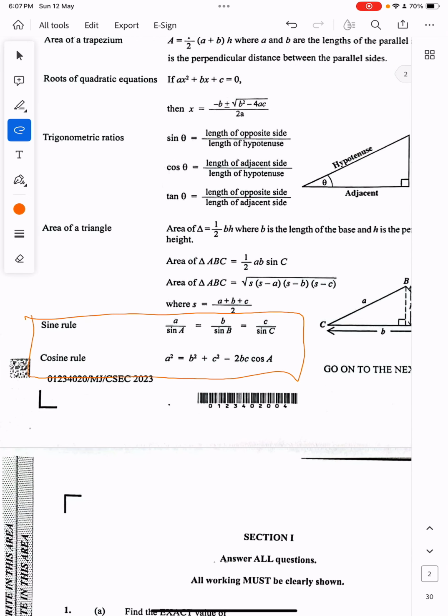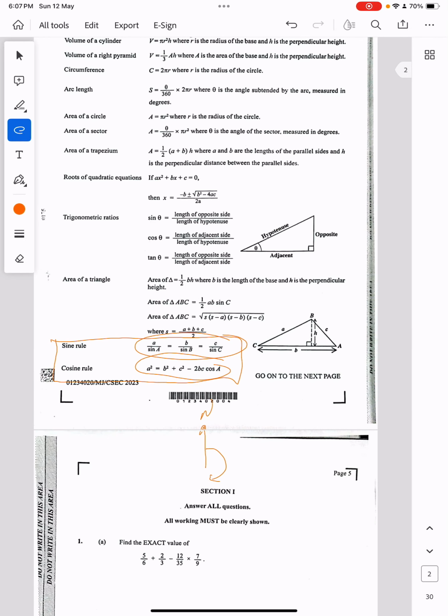Also bear in mind that when you are doing bearings, it always measures from north and counts in a clockwise direction. Your angle is always measured in a clockwise direction from the north arrow, right? So make sure that you know your cosine rule and your sine rule. Become familiar with it and be able to apply it in the questions, and you will see as we go along how we can use it.